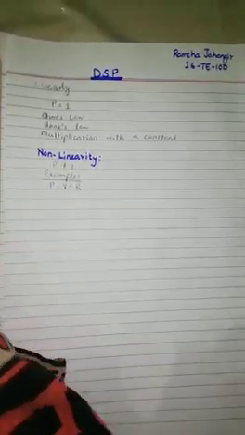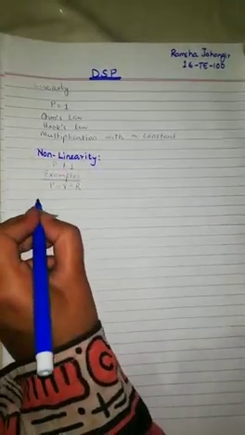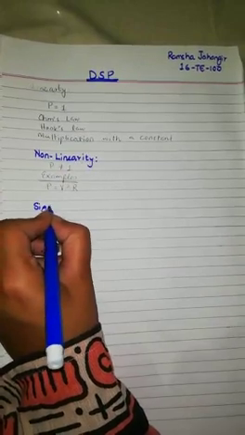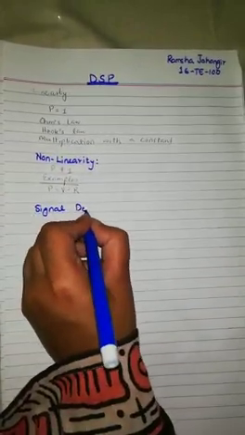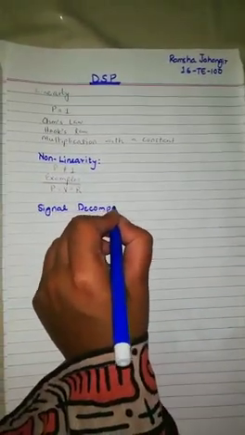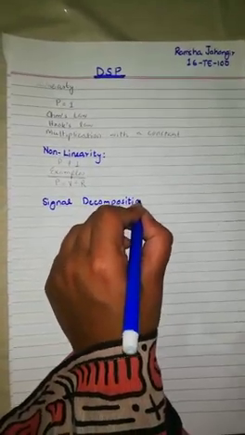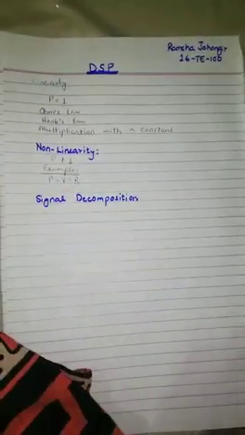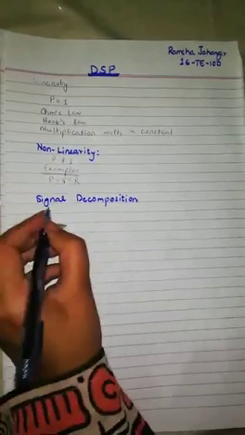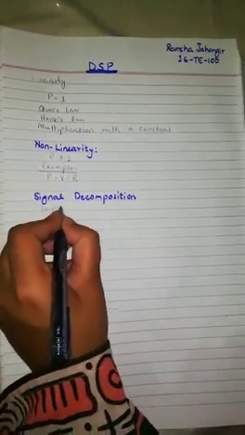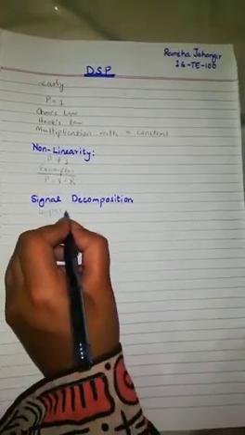Now we will discuss what is signal decomposition. Signal decomposition we can say is superposition, and superposition is multiplication followed by addition.